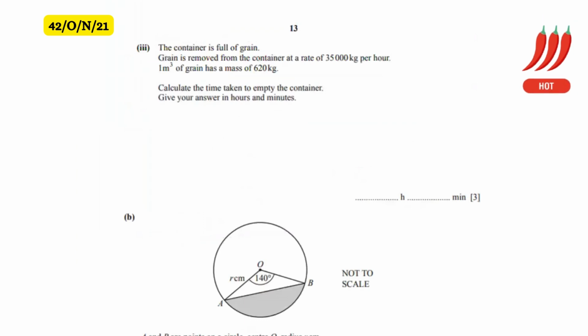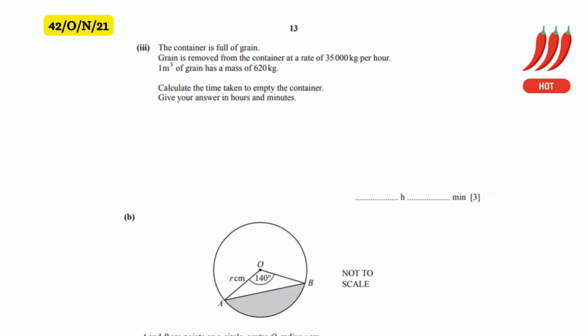When the container is full of grain, grain is removed from the container at a rate of 35,000 kgs per hour. 1 meter cubed of grain has a mass of 620 kgs. Calculate the time taken to empty the container. Give your answer in hours and minutes.